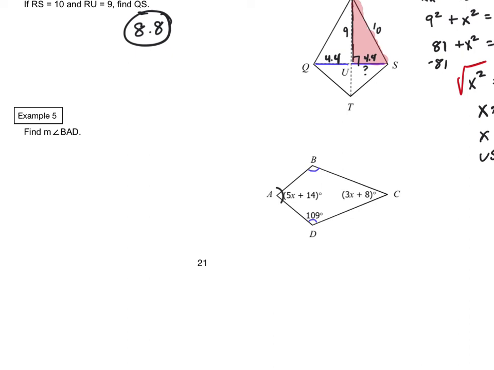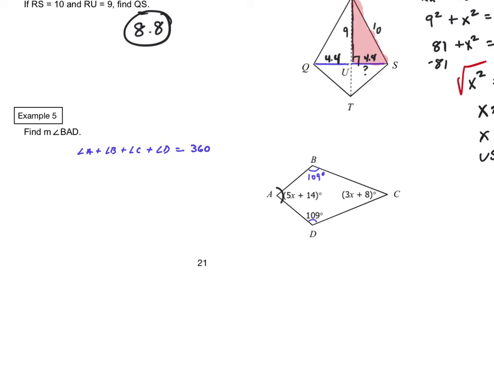So we know that angle B and angle D are the same, so I can say that this is 109. And I know that all 4 angles added up in a quadrilateral are going to be 360. So if I add up angle A plus angle B plus angle C plus angle D, it's going to add up to 360 degrees.